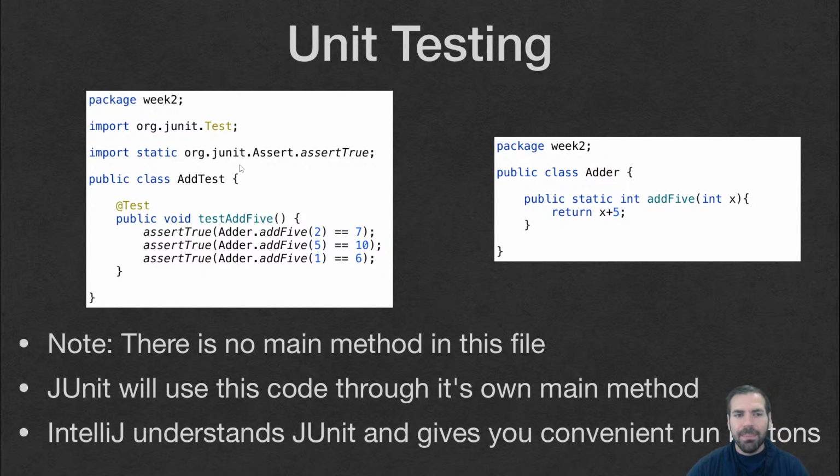We run that method, and then that method invokes our method, our class. It actually creates an object of our class type and then starts calling our non-static methods through that object. All that stuff happens behind the scenes, but trust me, there is a main method. It's just not in our code. It's in the JUnit library where that main method is, and we can verify that.